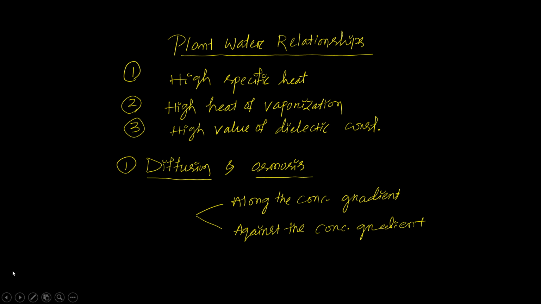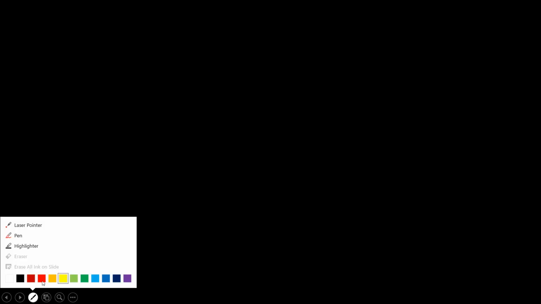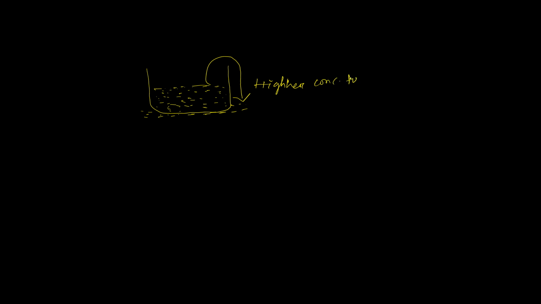See here, if it is a container, and there is more water inside the container than the surrounding layer of water, then if we are talking about along the concentration gradient, water will move from its higher concentration to its lower concentration.